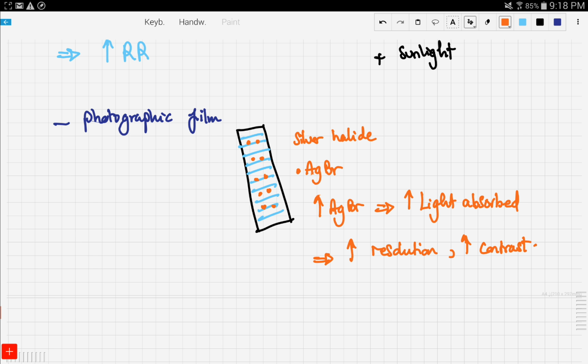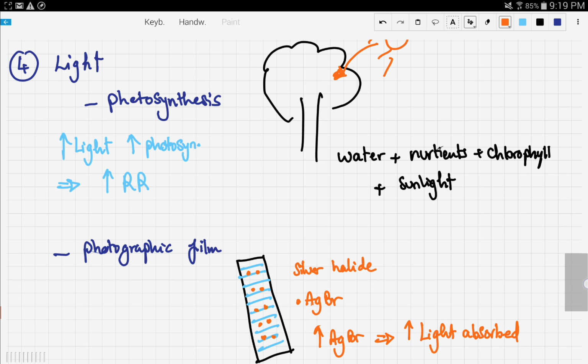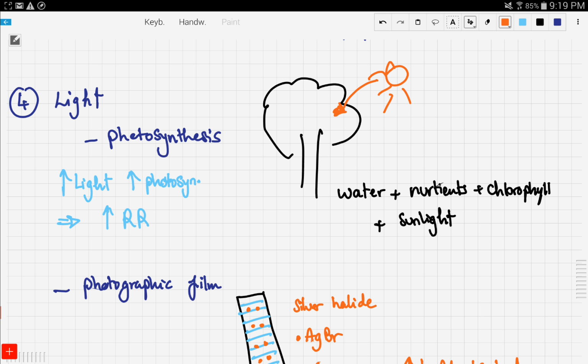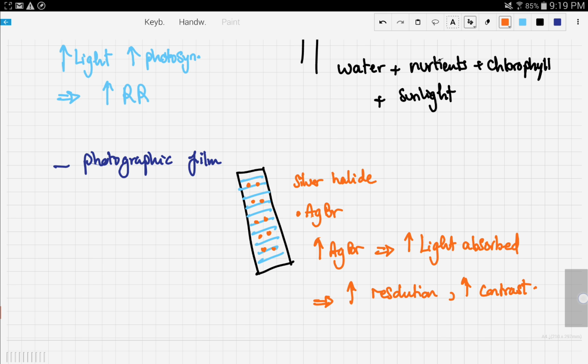Okay, so these are the 2 processes. There are more processes, but this is only for this level. We're going to talk about photosynthesis and the photographic film.